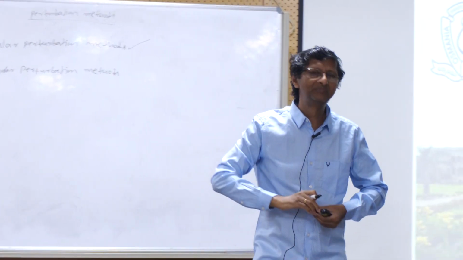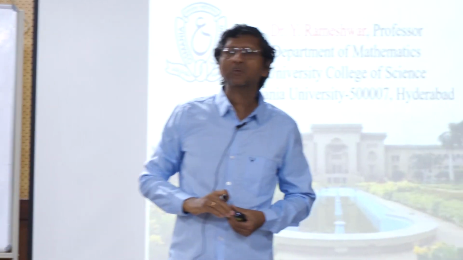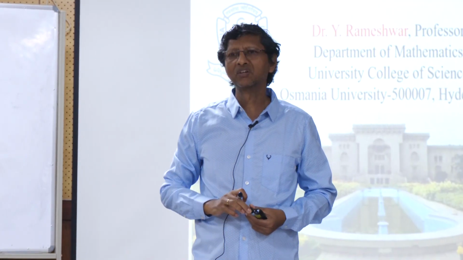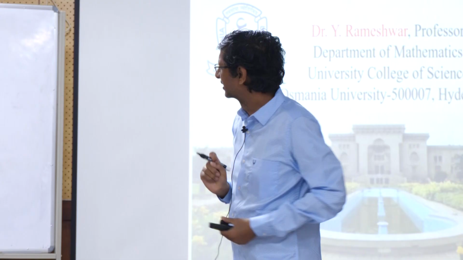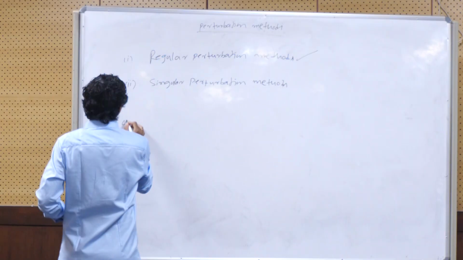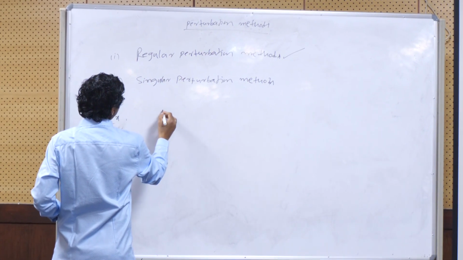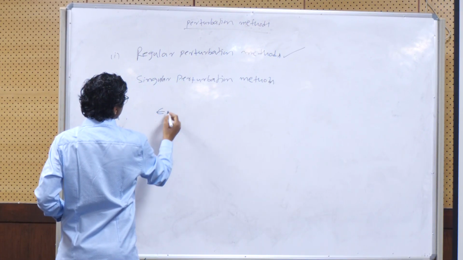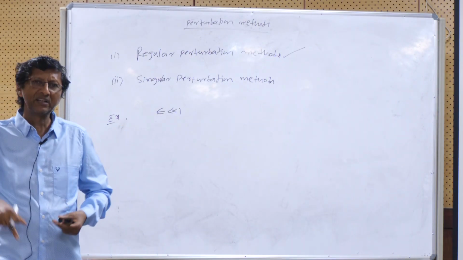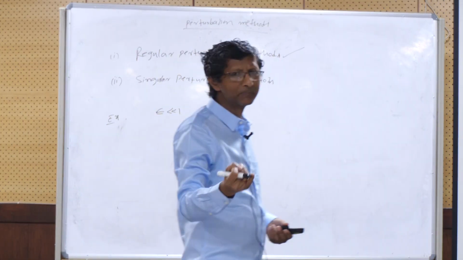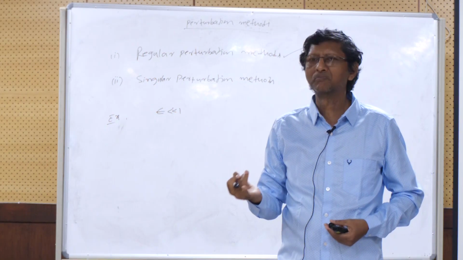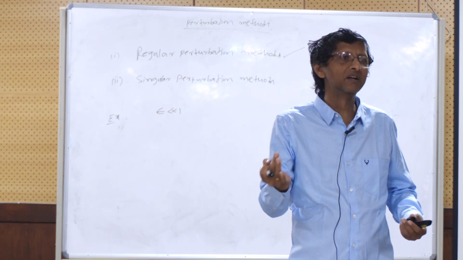When do we call a problem a regular perturbable problem, and when a singular perturbable problem? Let us start with an algebraic equation as an example, and suppose epsilon is a small parameter. It may occur in an algebraic equation, an ordinary differential equation, a partial differential equation, or integral equations.